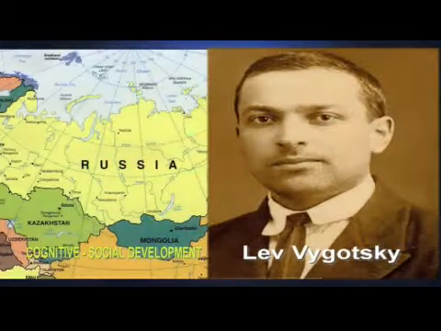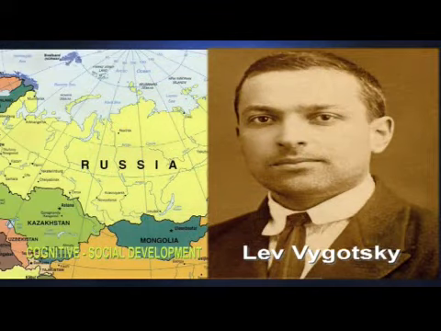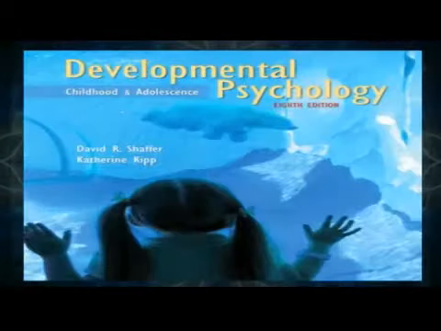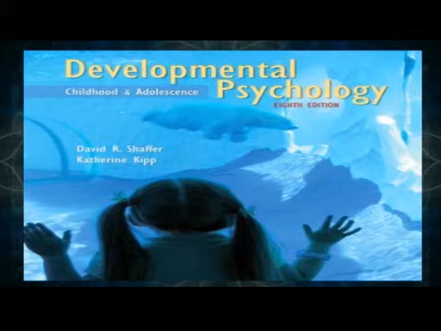Cognitive social development. Lev Vygotsky. The Russian psychologist Lev Vygotsky brought out a learning theory that has become very famous, especially in the field of education. Vygotsky's main work is in developmental psychology. He has proposed a theory of the development of higher cognitive functions in children.